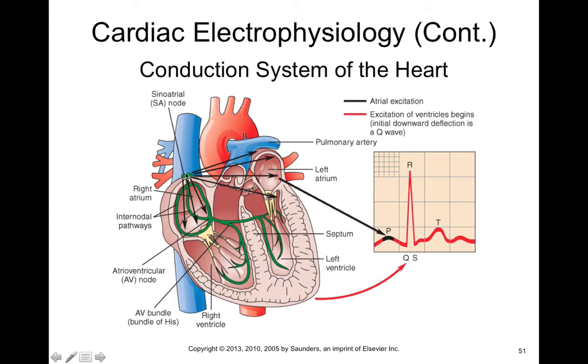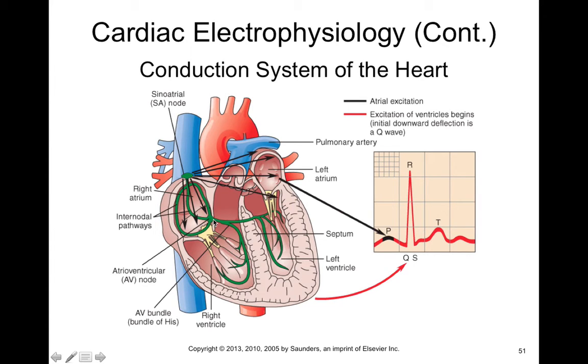Now it turns out that action potentials in the heart typically will only travel in one direction, from superior to inferior, and then back up along the lateral aspects of the heart itself. So action potentials begin in the SA node, they spread across the atria through these internodal pathways to the atrioventricular node, whereby at the atrioventricular node, action potentials are held up for a brief period of time because the AV bundle of His functions as an anatomical bottleneck, which basically slows down action potentials.